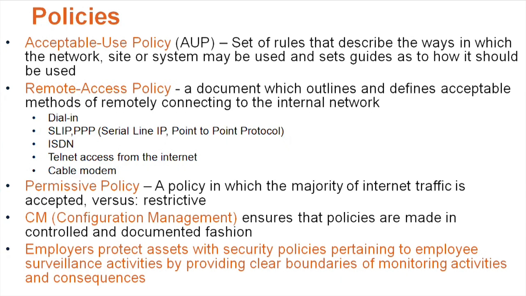Remote access policies: a document which outlines and defines acceptable methods of remotely connecting to the internal network. So you have dial-in, SLIP, PPP (serial line IP is SLIP, point-to-point protocol is PPP), and ISDN lines. Integrated Services Digital Network is what that stands for.